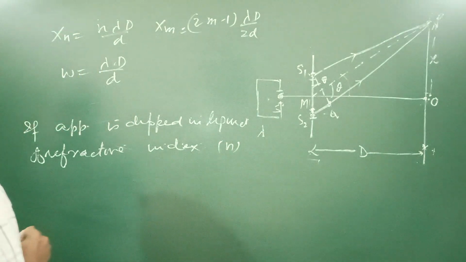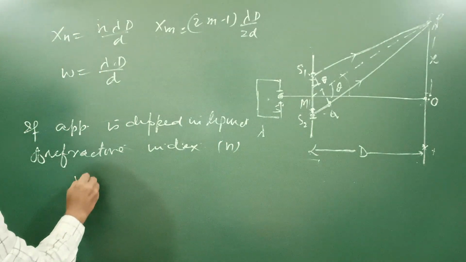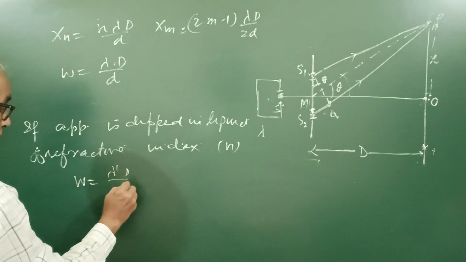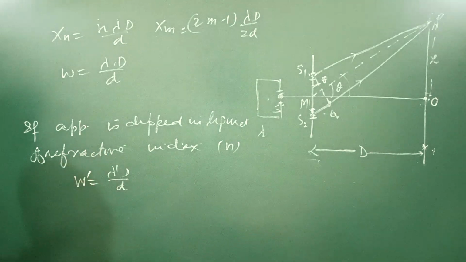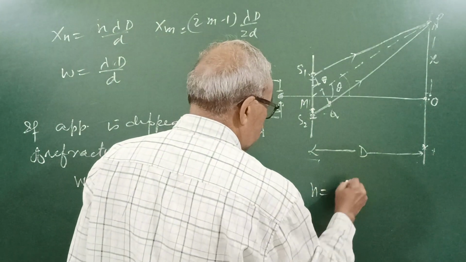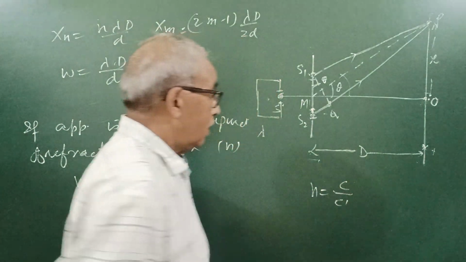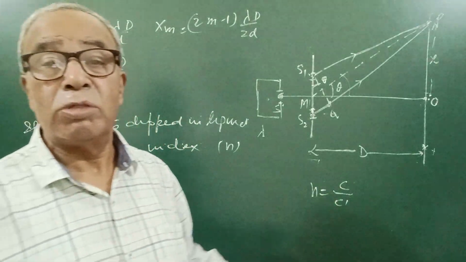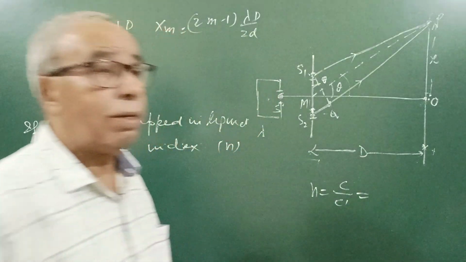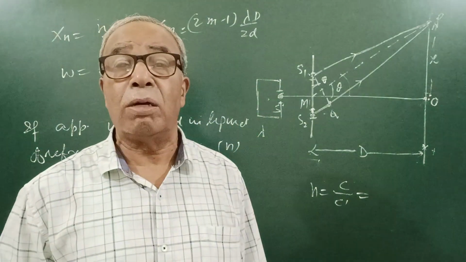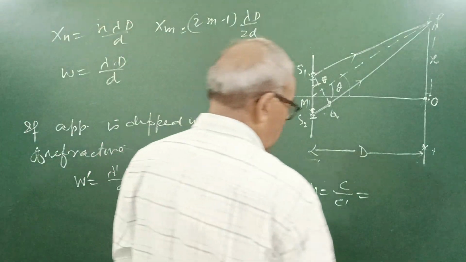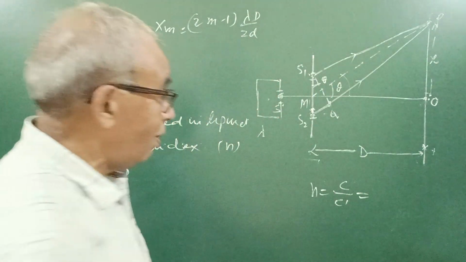So we know the wavelength will get changed, and the width of the fringe will be lambda dash D upon d. The wavelength of light changes. You know, n equal to c upon c dash, where c is the speed of light in vacuum and c dash is the speed in the medium. I have explained that when light goes from one medium to another or gets reflected, there occurs no change in frequency; wavelength changes.